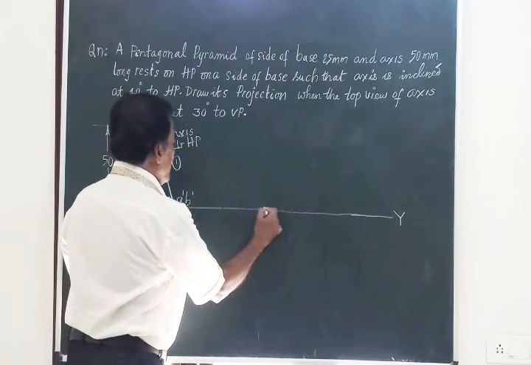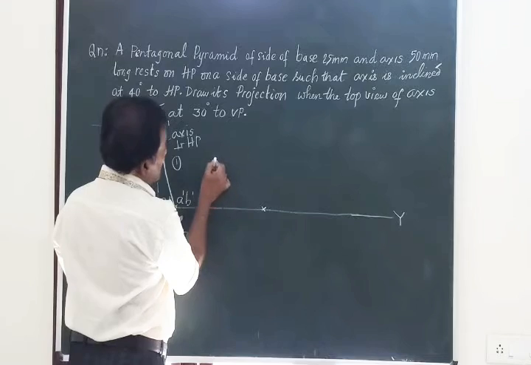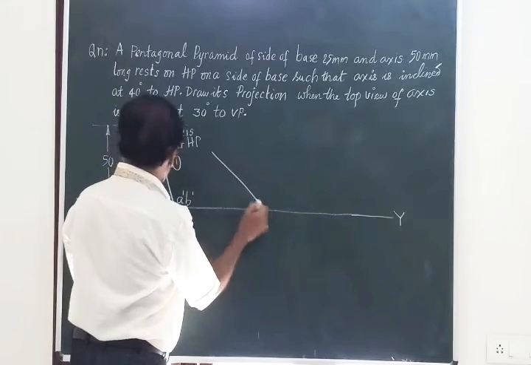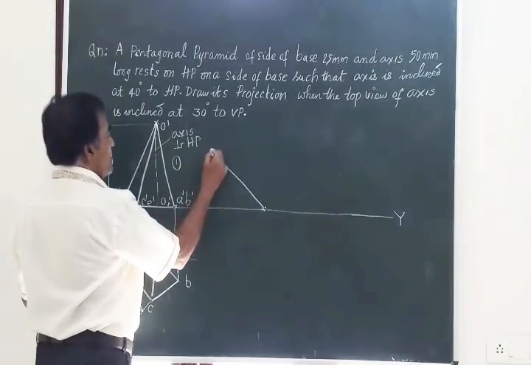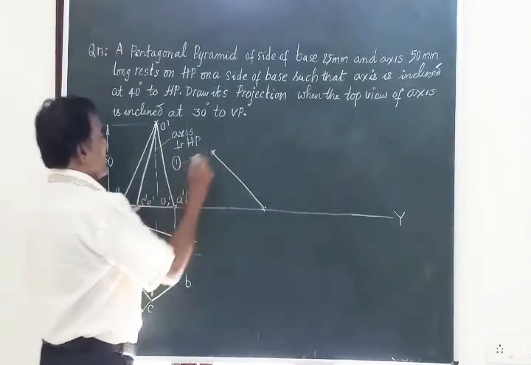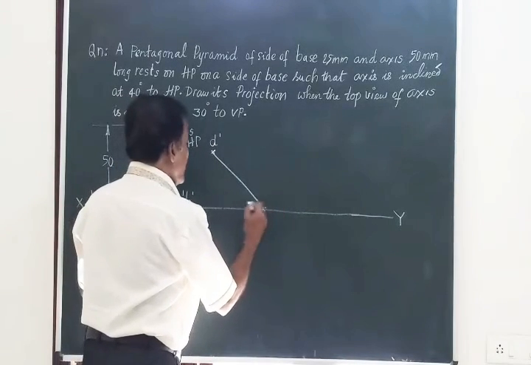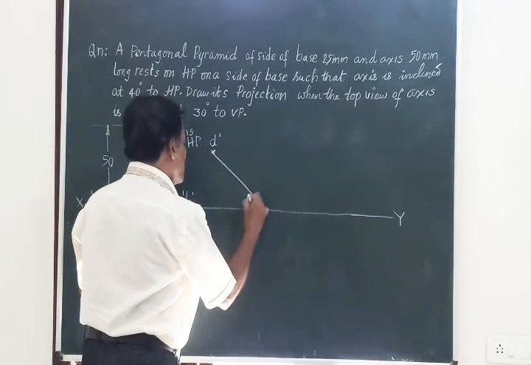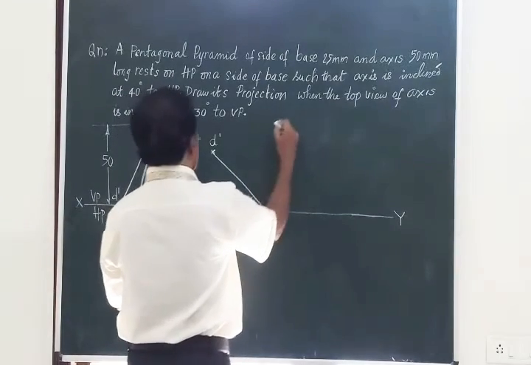So I am going to take some point here, A dash, B dash, anywhere on this XY line, and mark that length equal to A dash, B dash, D dash. So the uppermost point at the left is that D dash, bottom point is A dash, B dash. Then construct this complete figure.